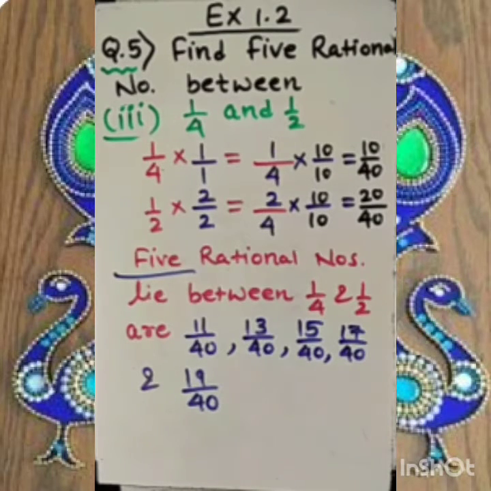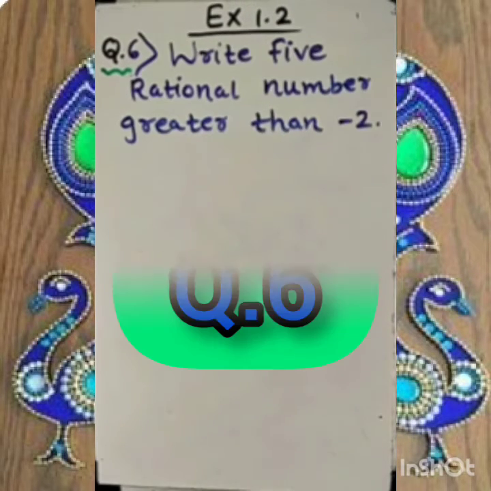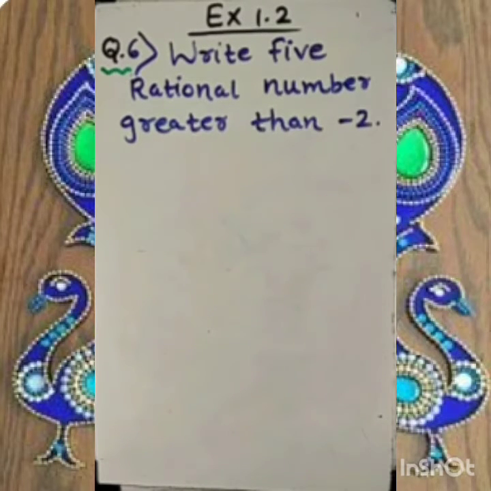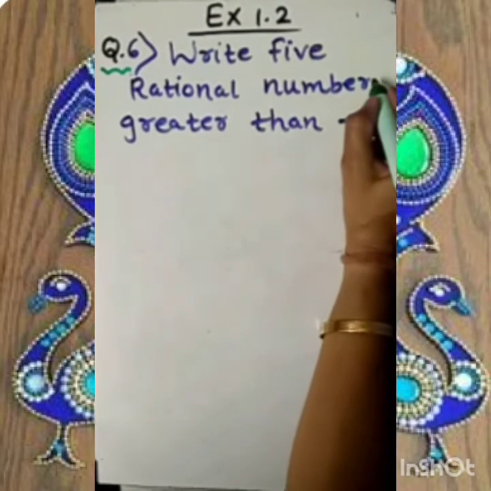Let's move towards question number 6. Let's see what we are given in question 6. So dear student, here in question number 6, what we are given is, write 5 rational numbers greater than minus 2.